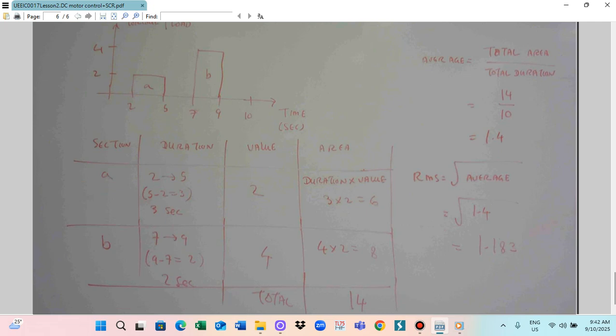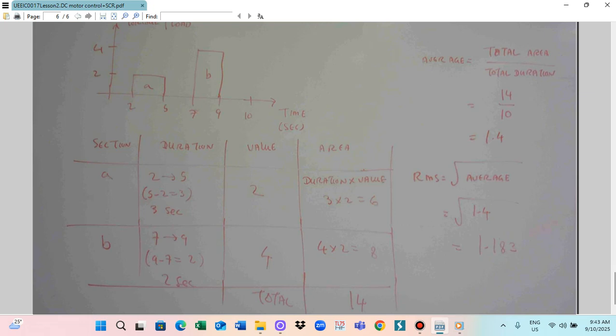And then we have to find the average. So average means total area divided by total duration. So the total area is 14.